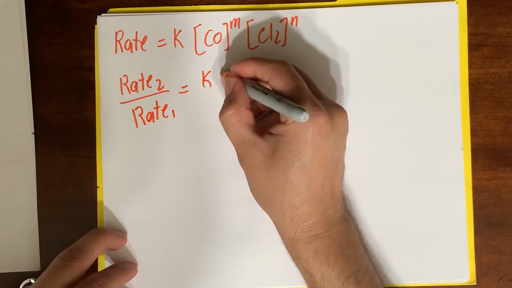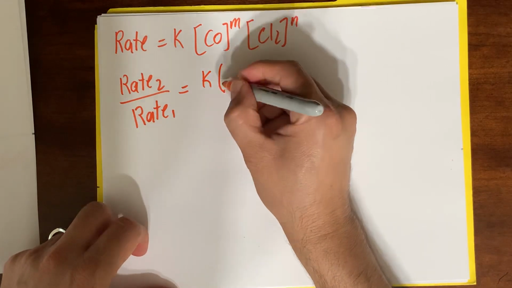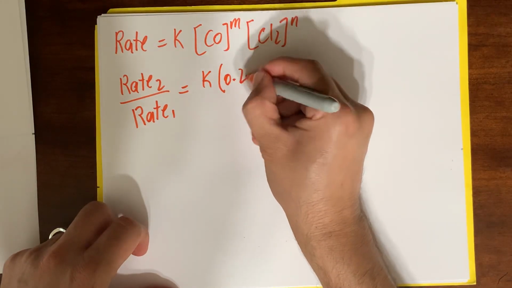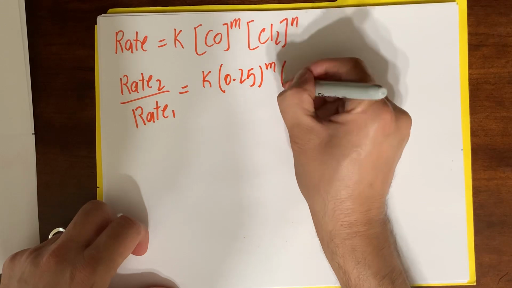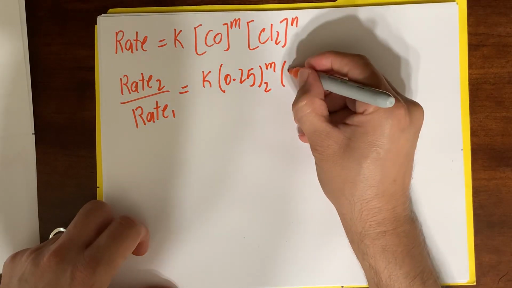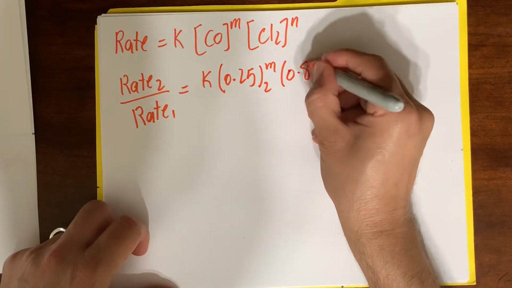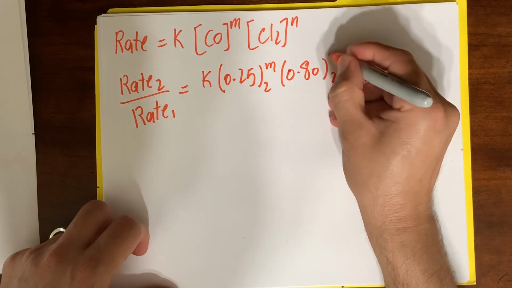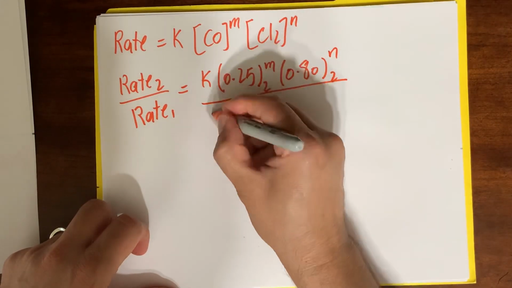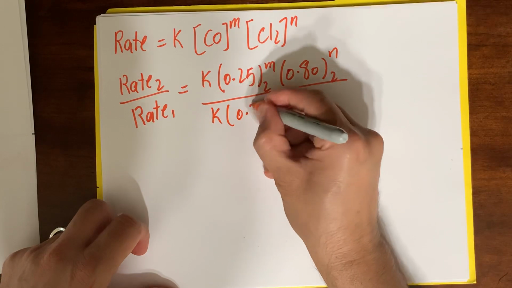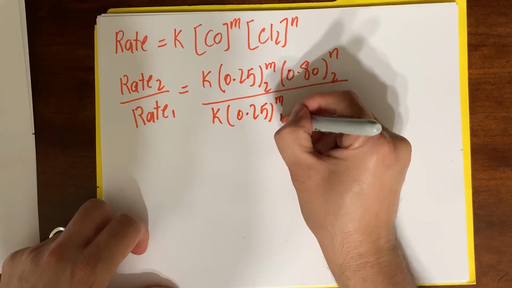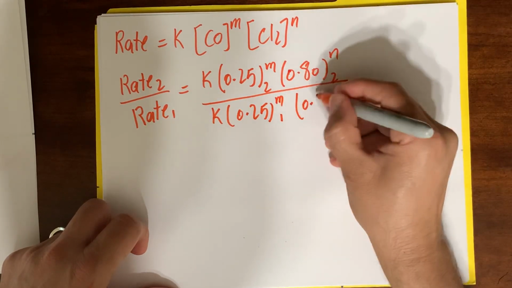K multiplied by the concentration of CO from the second reaction, 0.25, to the M, and Cl2 is 0.80, divided by K multiplied by 0.25, and this one is 0.40.